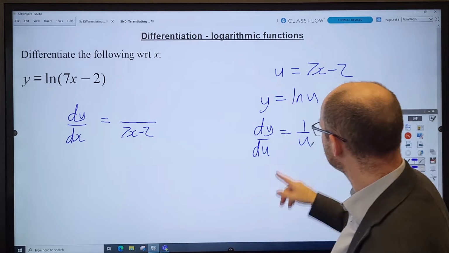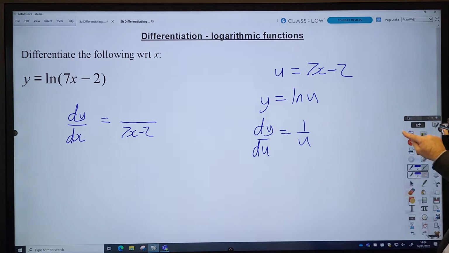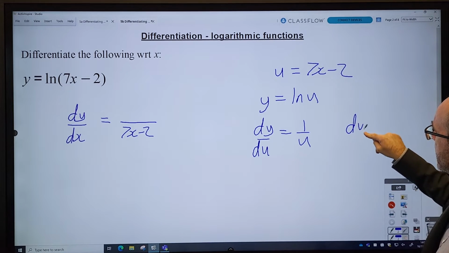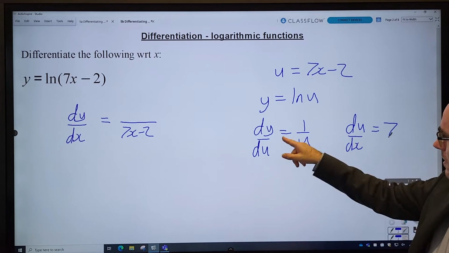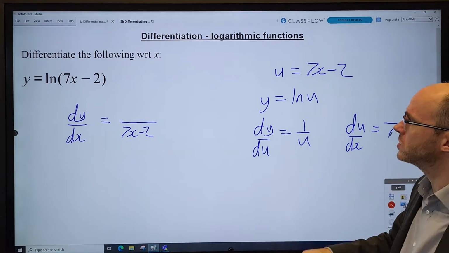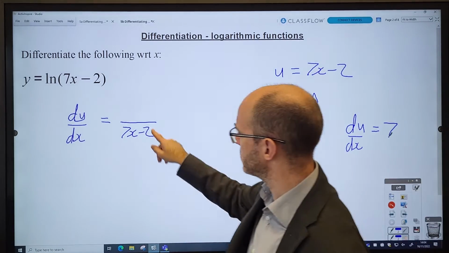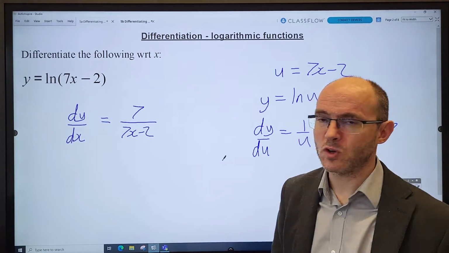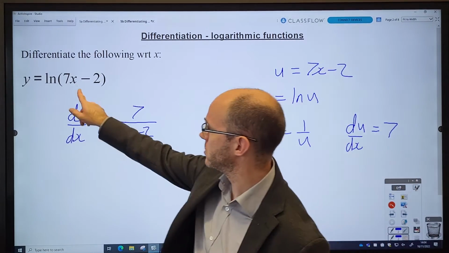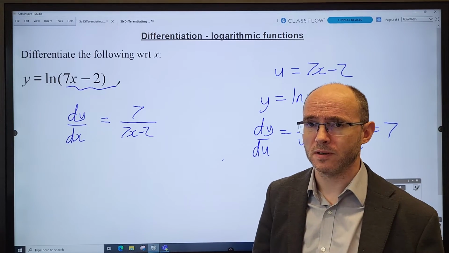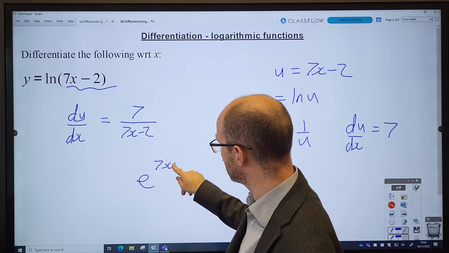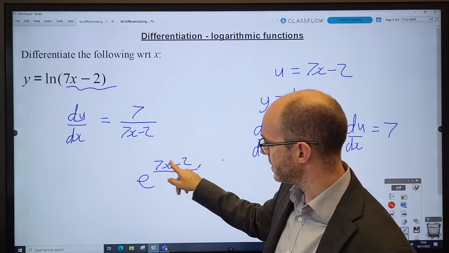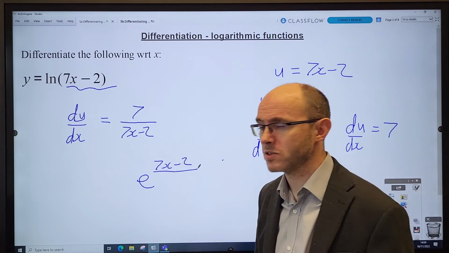Okay. Following this through then, du/dx is going to be equal to 7. And when you multiply them together, that times that gives you 7 over u, which is 7 over 7x minus 2. The way of doing it in your head is this, you just differentiate what's in the brackets. Remember the chain rule, if you had something like this, e to the 7x minus 2, you differentiate this and you get 7 e to the 7x minus 2.